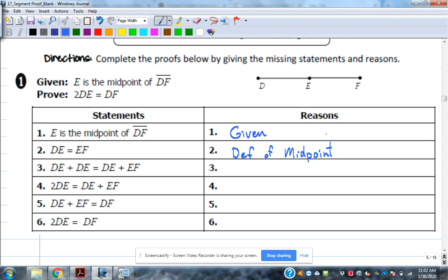They told us in the given something about a midpoint. The next line should be something that deals with that midpoint, some sort of result of that. And then what's going on here for number 3? Okay, the addition property of what?